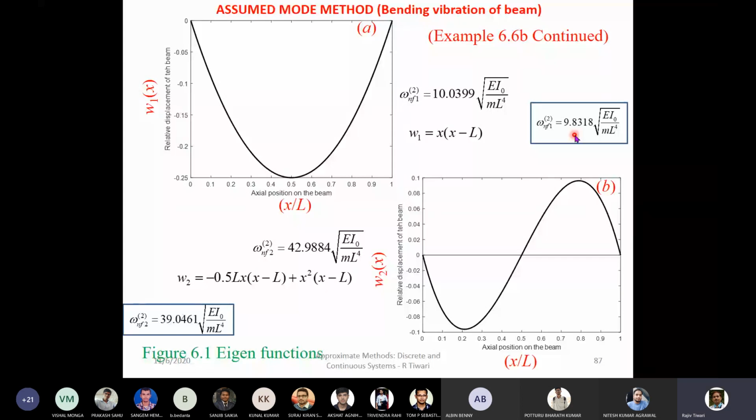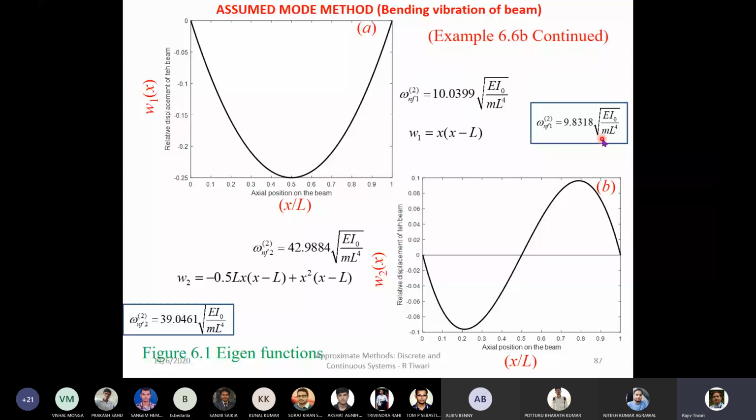But if we can get the comparison function for the simply supported beam and use it, we are expected to get better natural frequency. So next I will show that particular example in which I have taken the comparison function, and we got these natural frequencies, and you can see that they are lower than this.